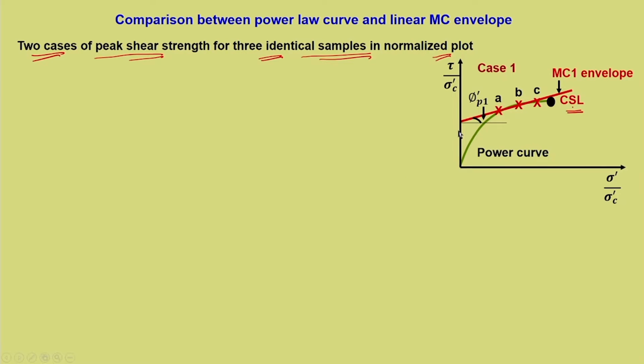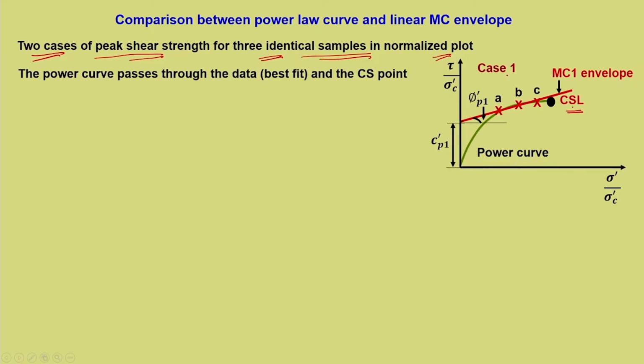So, the peak friction angle is phi'p1 and the cohesion is c'p1, and 1 represents that it is case 1. The power curve passes through the data, that is the best fit, and the critical state point. So, the power curve passes through the origin, through the data and the critical state point.